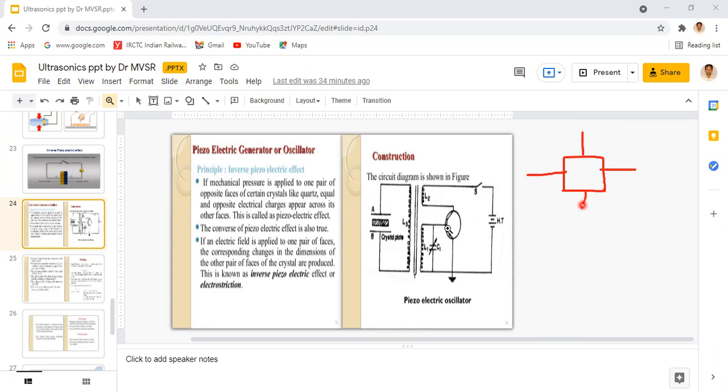Okay, now coming to the next one. Where is the cursor? Okay, next slide. We have to arrange this one.